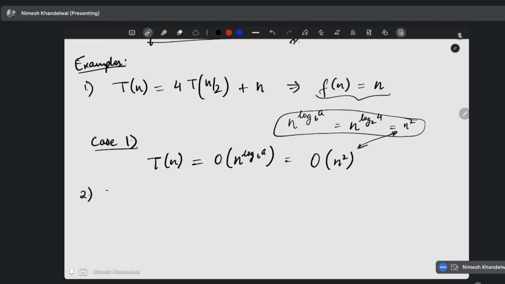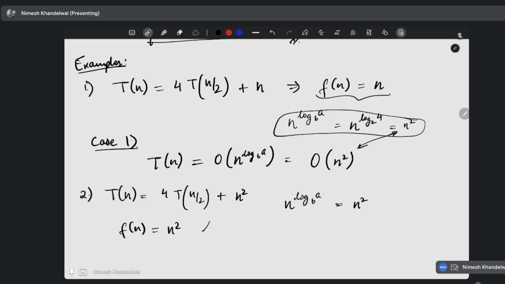Second, t of n is again 4 times t of n by 2, but now f of n, the extra work that we do for every subproblem, is n squared. And we know from the problem above that n to the power log a base b is basically n squared, and f of n is also n squared.